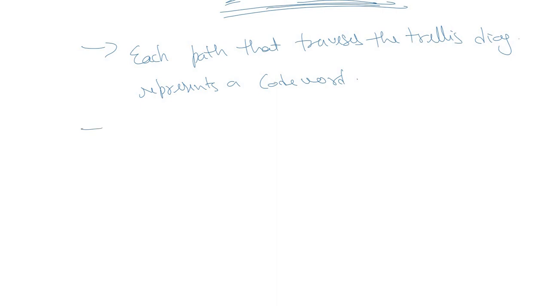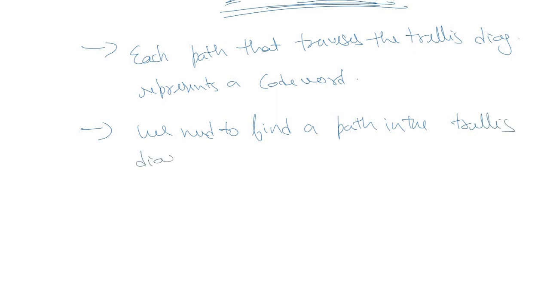So the process will be: we need to find a path in the trellis diagram with the output digit sequence that agrees best with the received sequence.